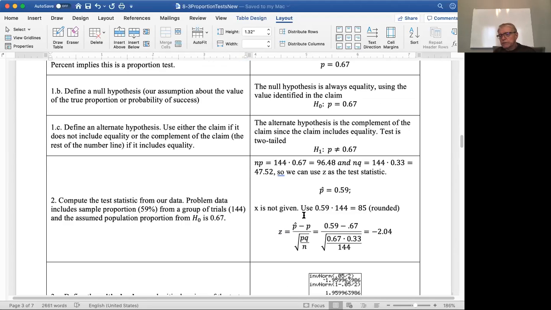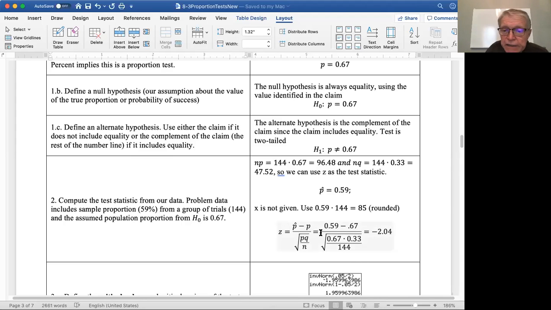Since we know it's a test of proportion, we know the test statistic formula is Z, and we need to know what P hat is and N is, and we got those things from the problem. P hat is 0.59, and N was 144. P, again, is 0.67, and Q is going to be 1 minus that, or 0.33.